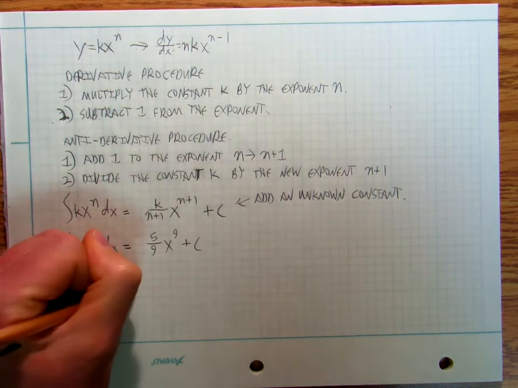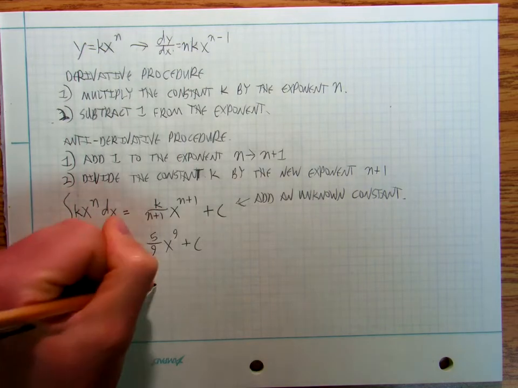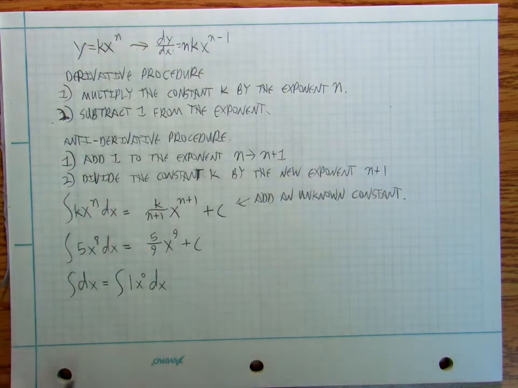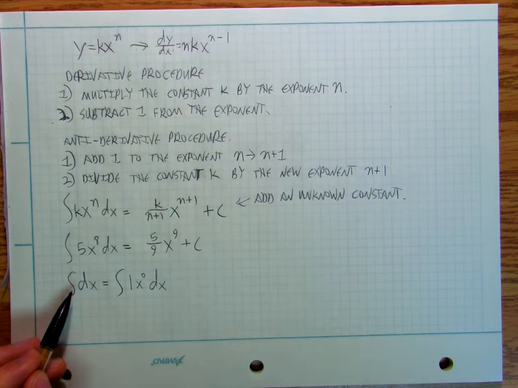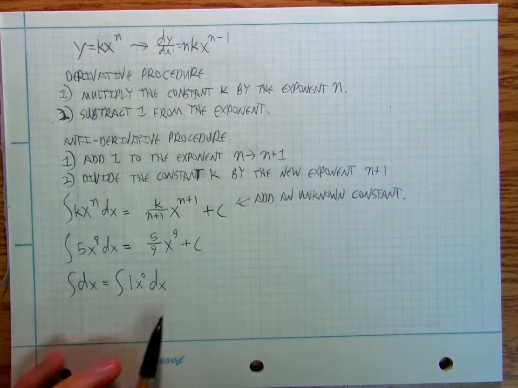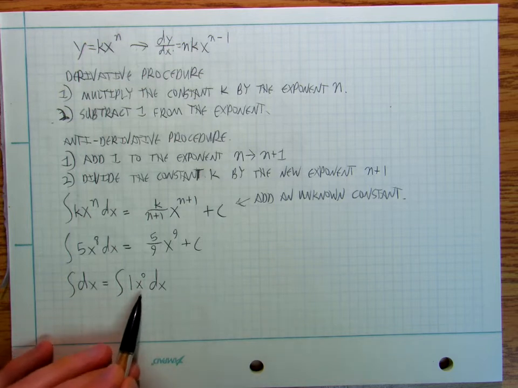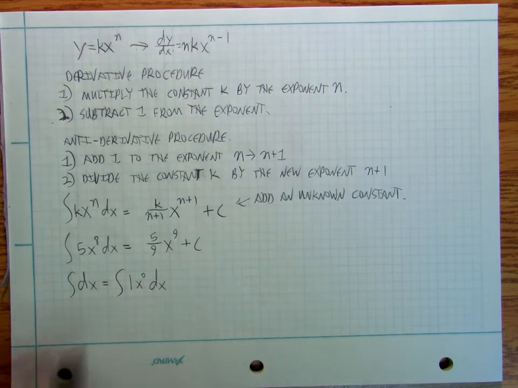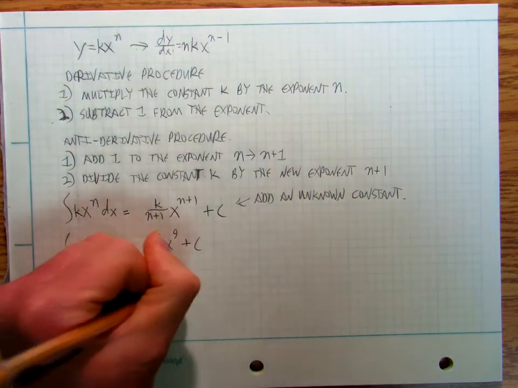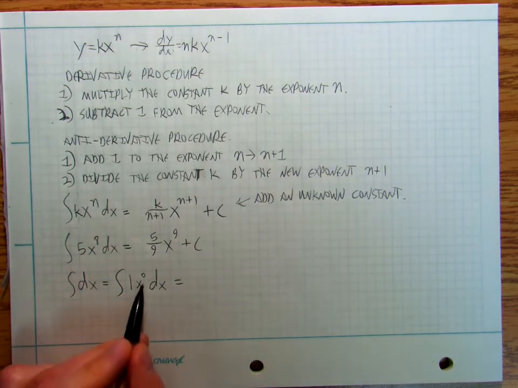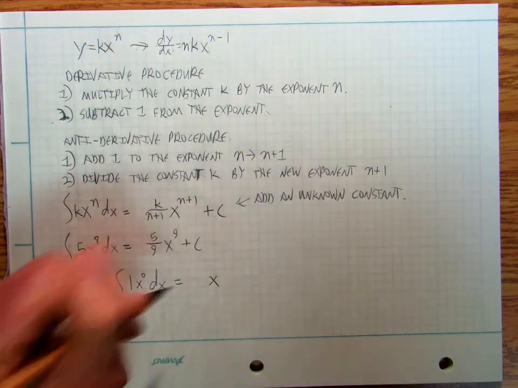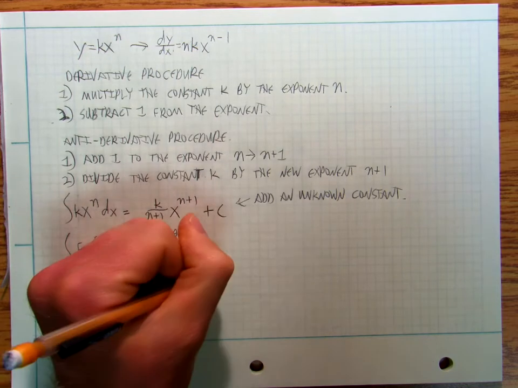The integral dx is actually the integral of 1 times x to the 0 dx, because hidden in there is an unwritten 1. 1 times x to the 0 is 1, so I'm writing this in a really funky way. What I do is add 1 to the exponent.